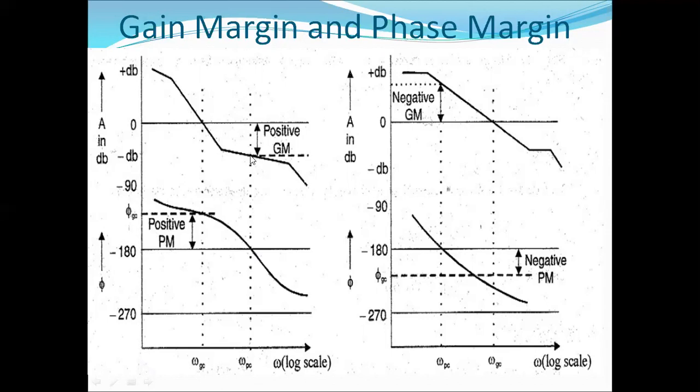It will intersect at one point. Measure this. Okay, if we get a negative gain margin in decibels, the actual gain margin is positive, and if it is a positive value, the gain margin will be negative. You just have to change the sign. That's all.